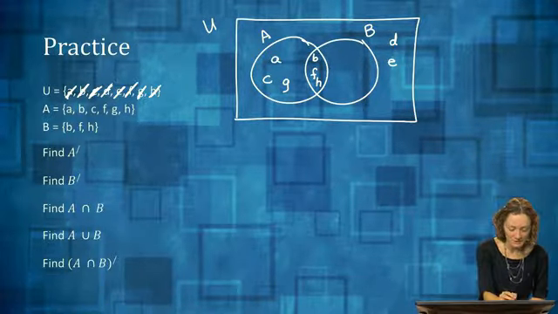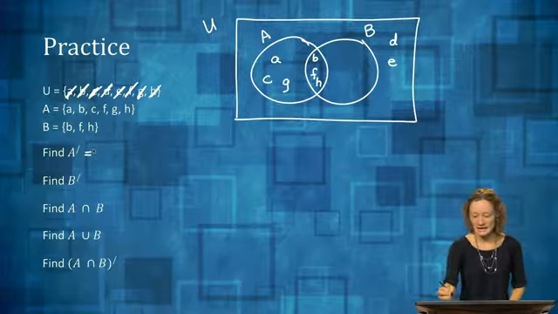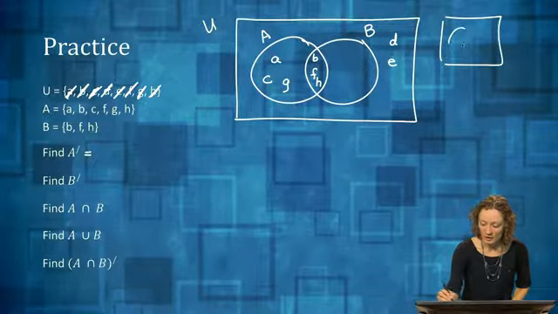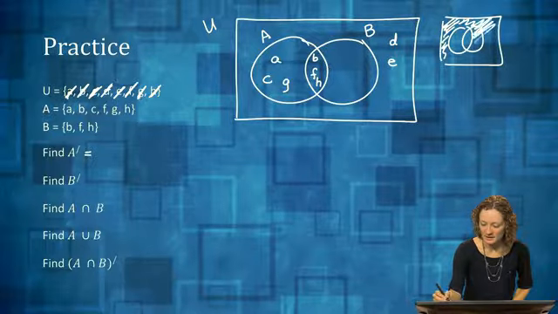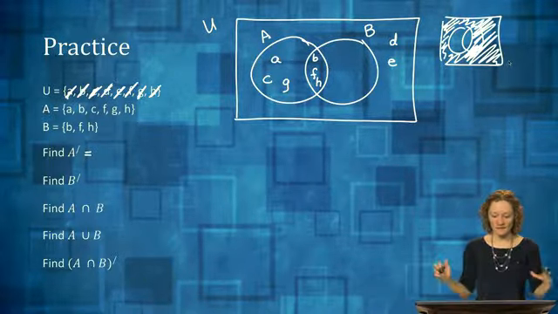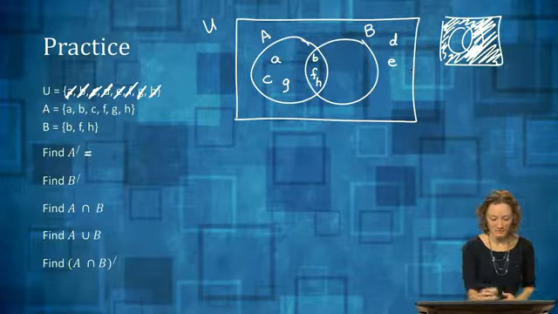All right, so let's go through the questions then. A complement. I'll give you a quick visual of what that would look like. Remember, A complement is everything outside of A. So we want all the elements that fall inside that picture. So here's A, everything outside of it.